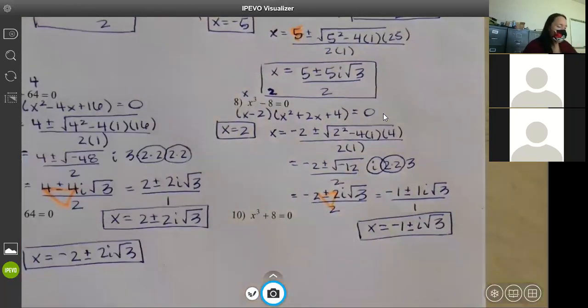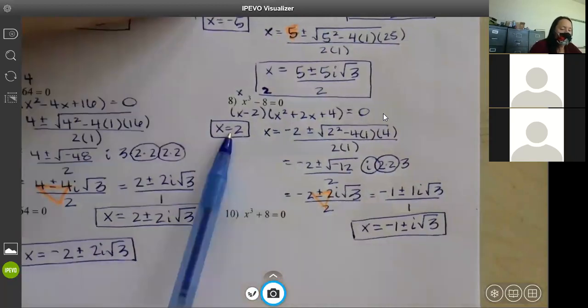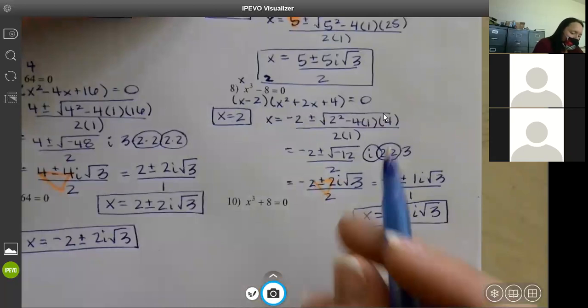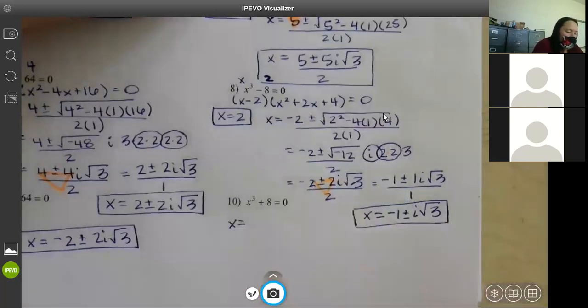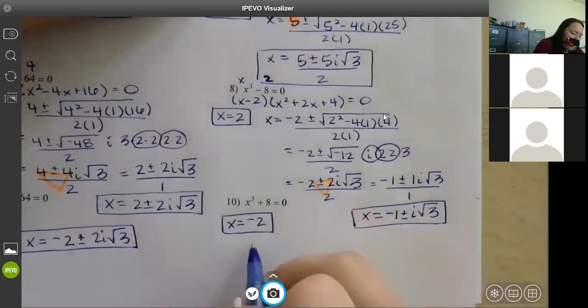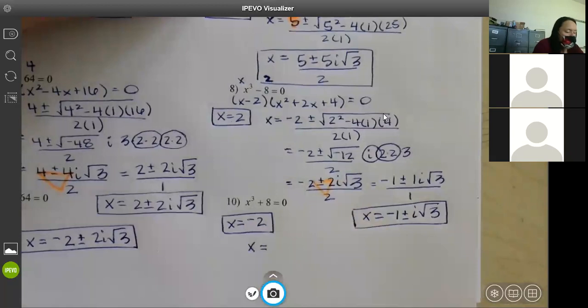And then tell me what number 10 answers are. If number 8 was 2 and negative 1 plus or minus i square root of 3, what is number 10 going to be? x equals negative 2. And x equals what you think?